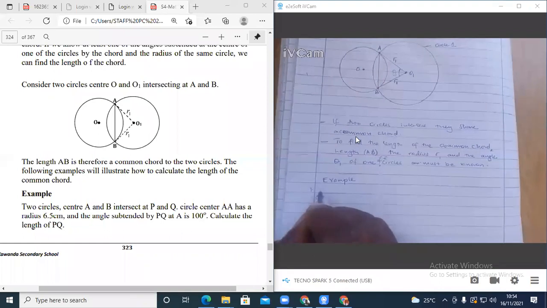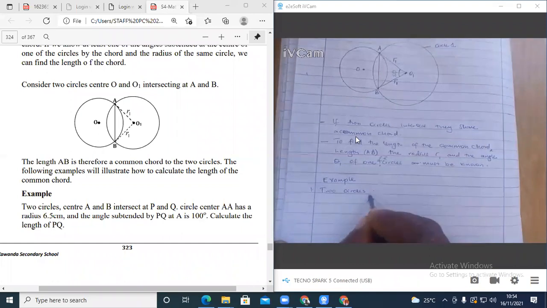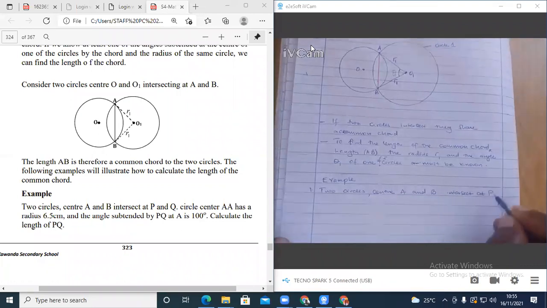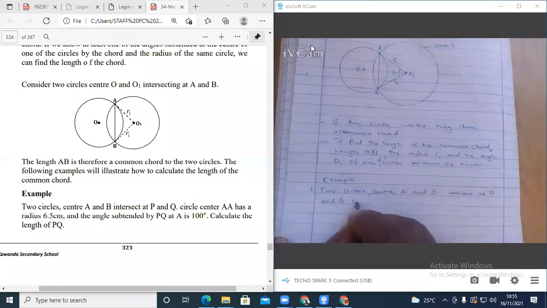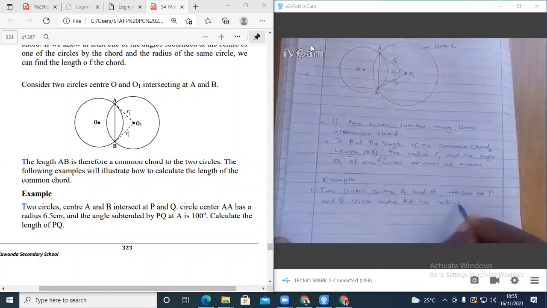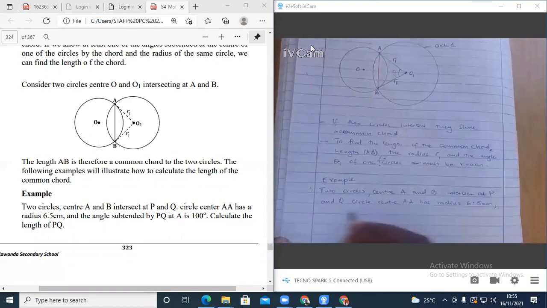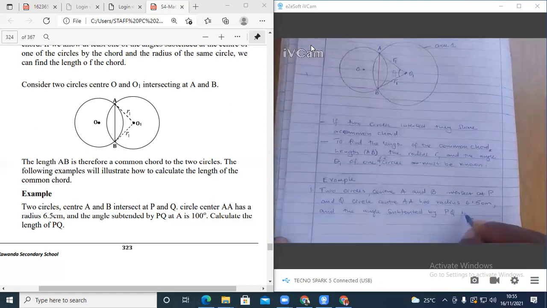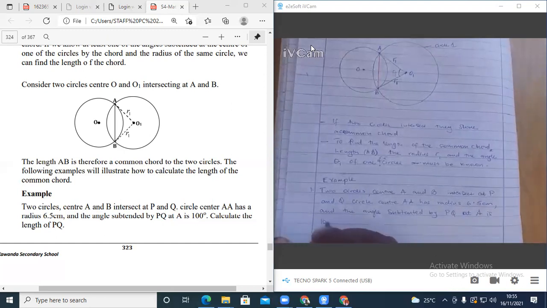Example 1: two circles, centers A and B, intersect at P and Q. Circle center A has radius 6.5 centimeters, and the angle subtended by PQ at A is 100 degrees. Calculate the length PQ.